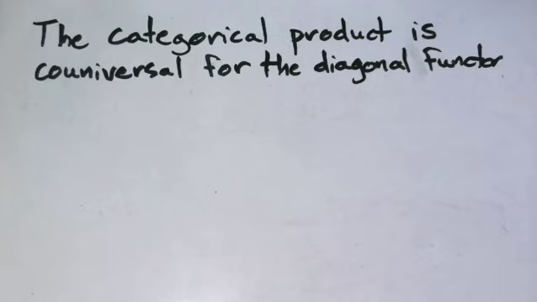So try to draw that out for this specific case, and then use that diagram to write out the full definition of what co-universality is going to look like in this case. So we're going to go ahead and do that, but as an exercise, you could pause the video here and try to draw it out and then write out the definition based on the first part of the video.